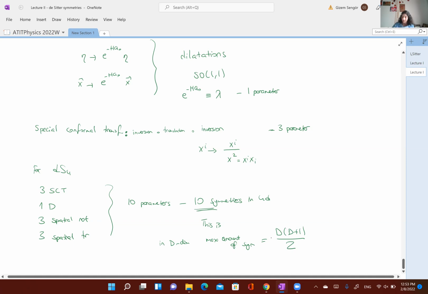And for 4 dimensions, this gives 10. So this is why de Sitter, as we said in the beginning, is a maximally symmetric space-time.